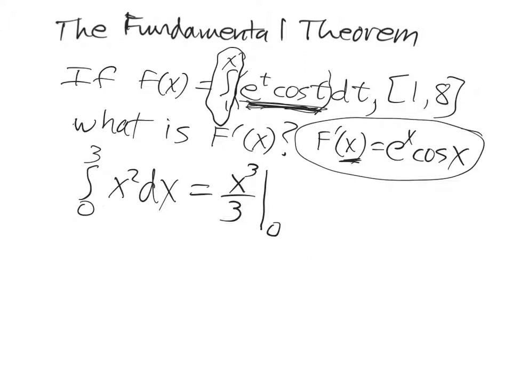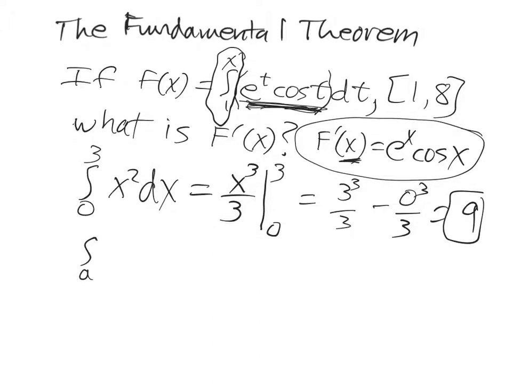Sometimes we'll put a line, or if there's 2 or more terms, you'd put brackets. We evaluate this from 0 to 3. And we'd end up with a value of 9.